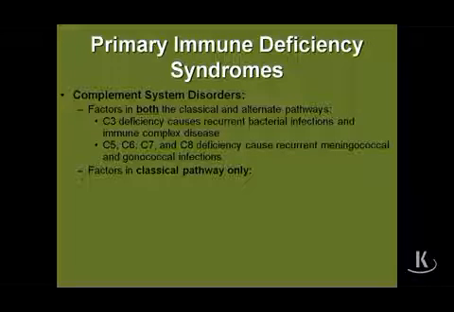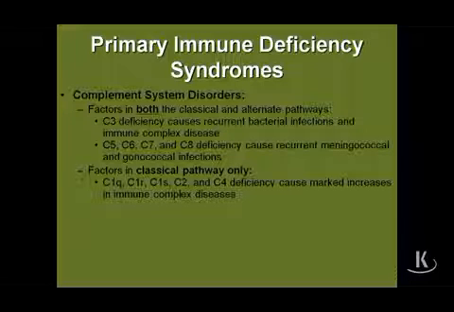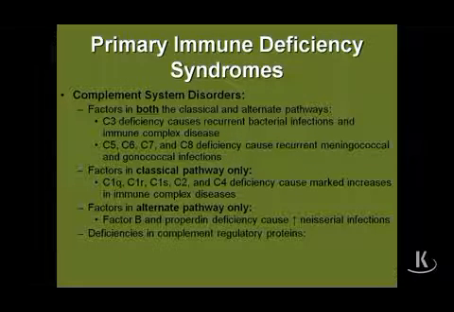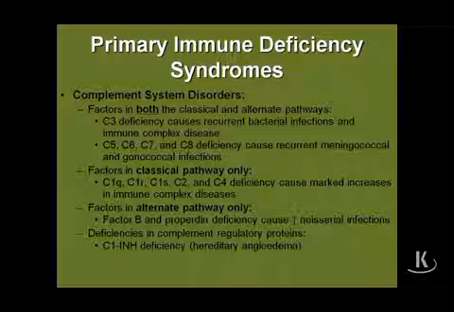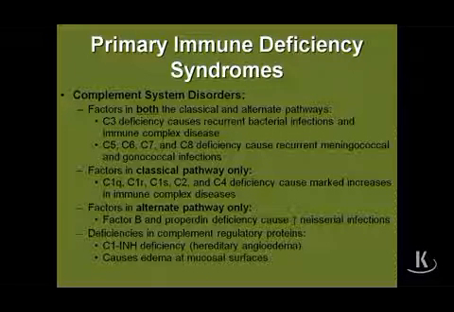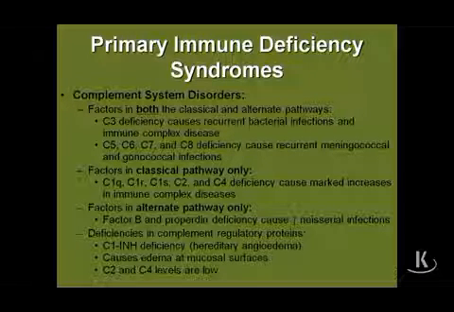Factors in the classic pathway only, the C1q, r, s, and C2 and 4 deficiency, cause marked increase in immunocomplex diseases because of dysregulation. And then factors of the alternative pathway, factor B and properdin deficiency, cause increased Neisseria infections, and deficiency in complement regulatory proteins like C1 inhibitor, or hereditary angioedema. Especially the edema will occur at mucosal surfaces. And there, C2 and C4 levels are low in these patients.